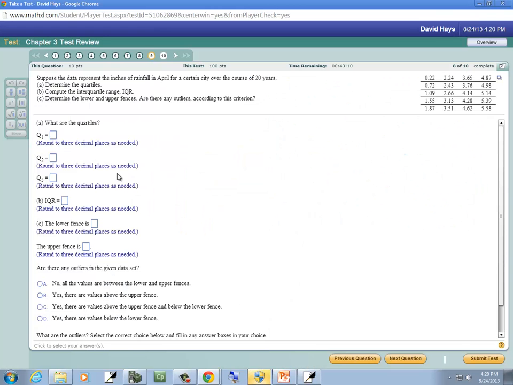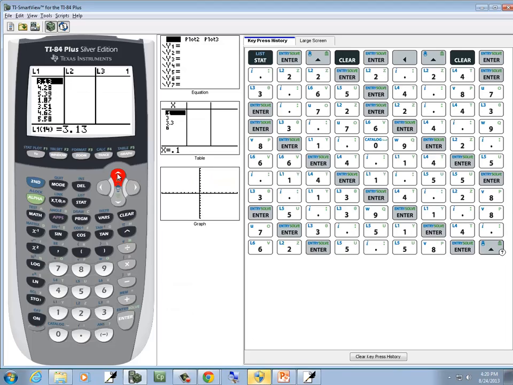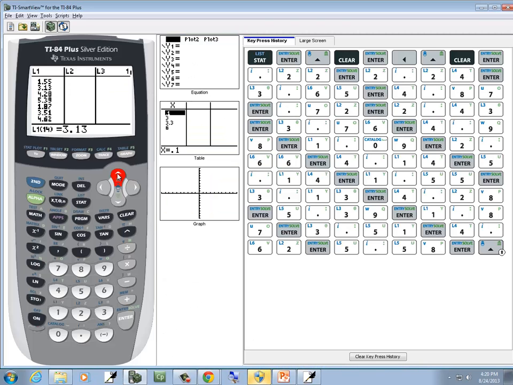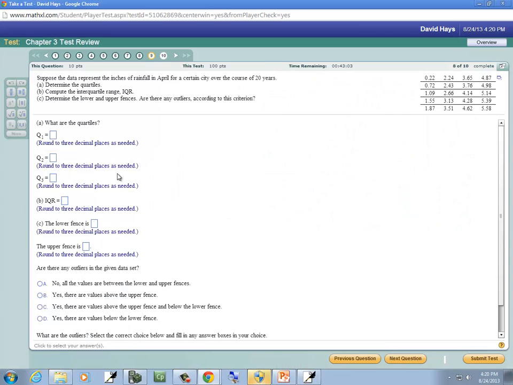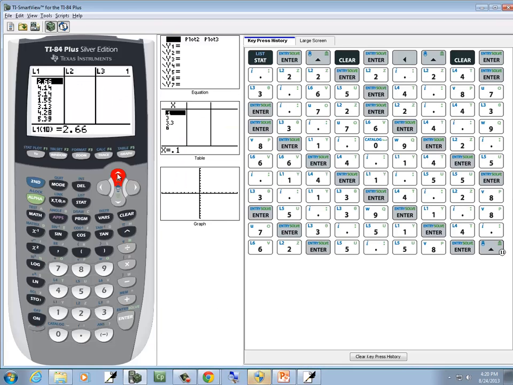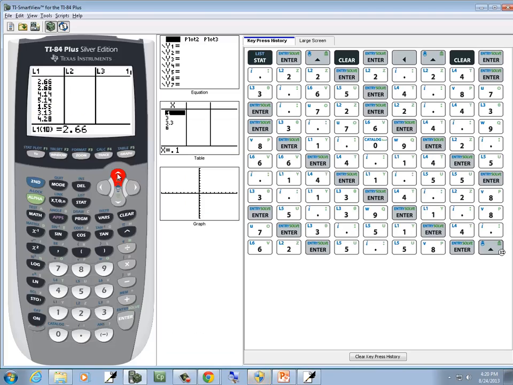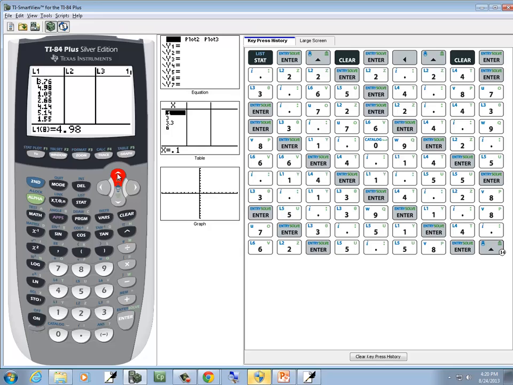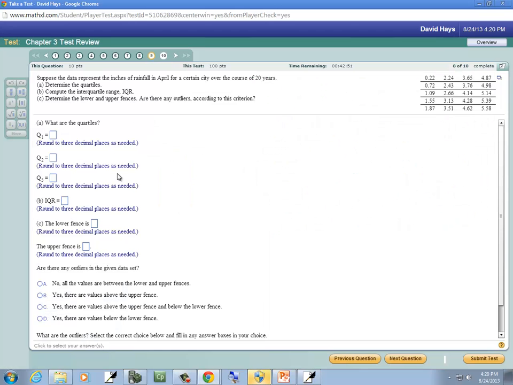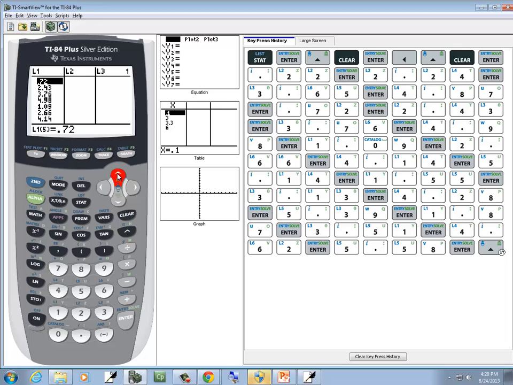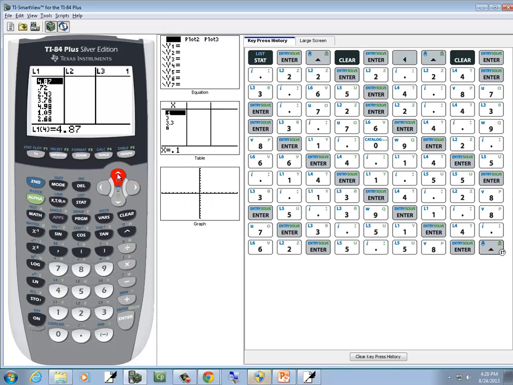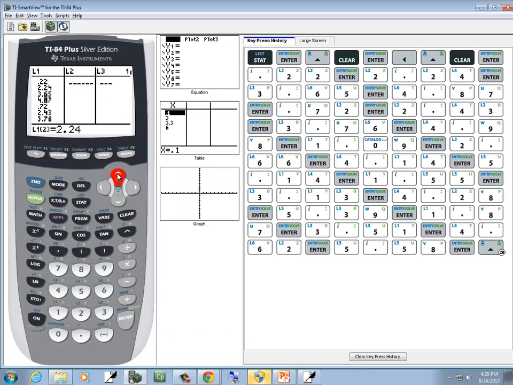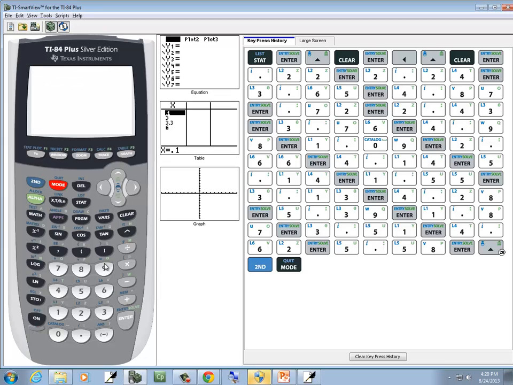Last row is fine. 5.39, 4.28, 3.13, 1.55, 5.14, 4.14, 2.66, 1.09, 4.98, 3.76, 2.43, 0.72, 4.87, 3.65, 2.24, 0.22. Okay, everything looks correct, so I'll do a second mode, exit out.